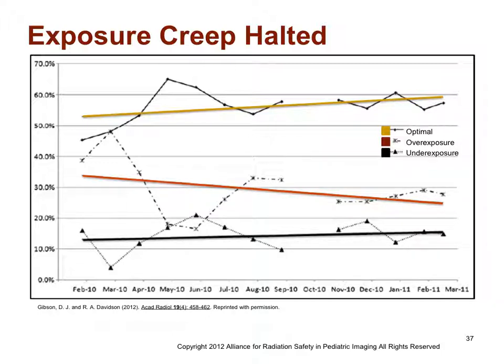The image itself is not suboptimal, but we're certainly not applying the ALARA principle. And then underexposure may result in a suboptimal image as well. So just keep in mind that we would want this study to continue to go up, and then these numbers to go down, and really, underexposure to remain flat or even better controlled.